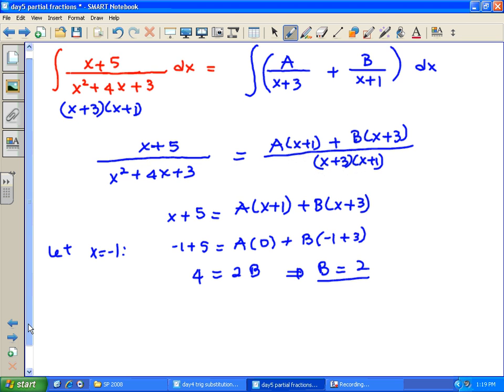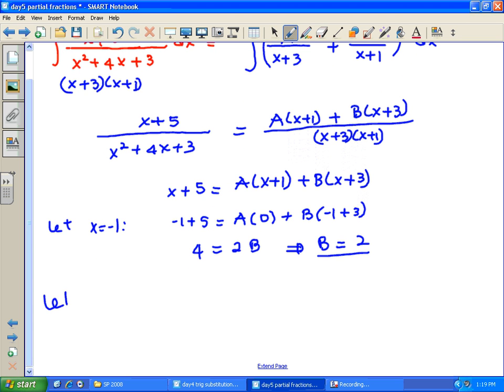And to find the other constant, you tell me, what shall I let x be equal to? In this equation, you want this time the b term to disappear. So what would make that disappear? Negative 3. So plug into that equation, again, this equation. Let x be equal to negative 3 in that equation.